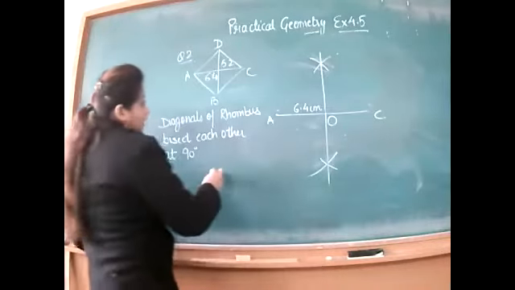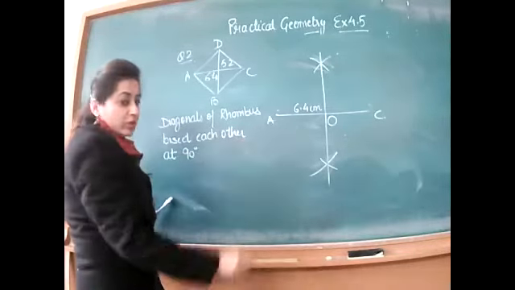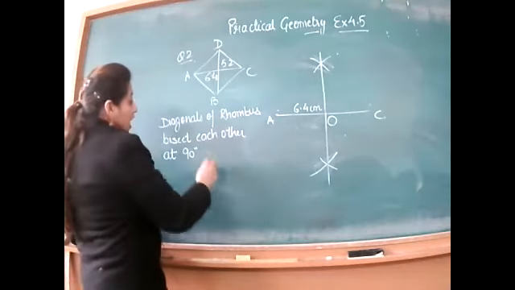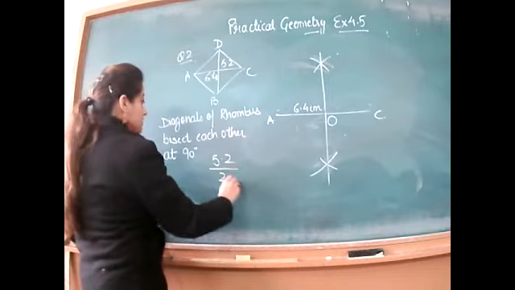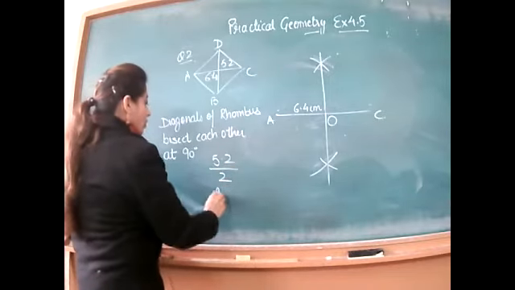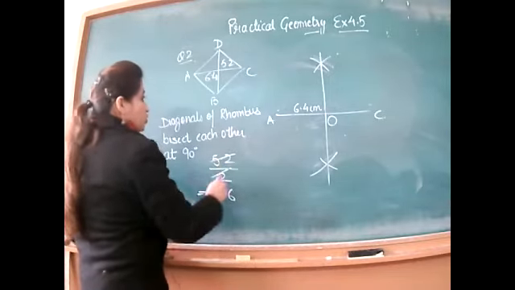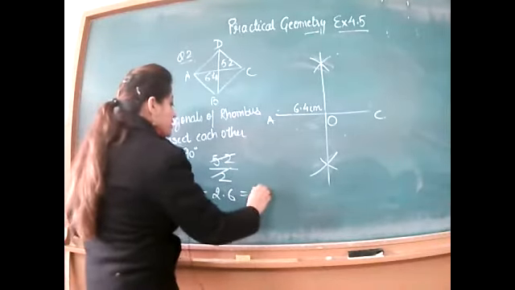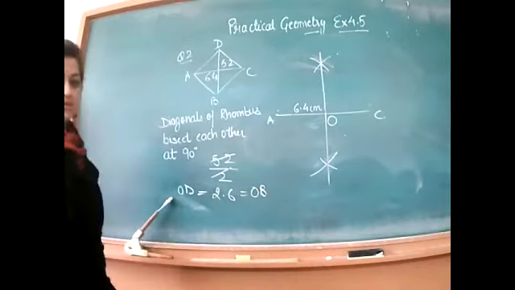So that's why we have drawn a perpendicular, because they bisect at 90. And one more thing, half of 5.2 is 2.6. So you will get OD or OB as 2.6.